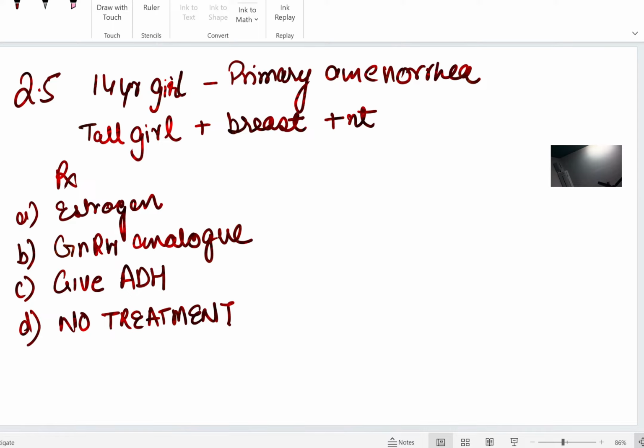Yes, it is 4 to 7. So here it is no treatment. Why is it no treatment? Can anybody tell me? Because if the breast is present, then what is the age? Yes, because if the breast is present, we have to wait for 15 years.